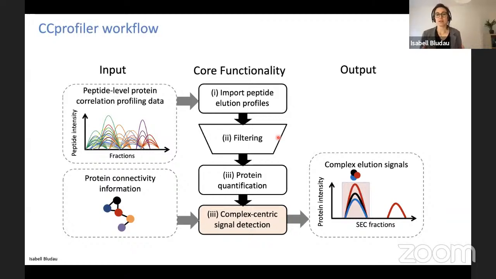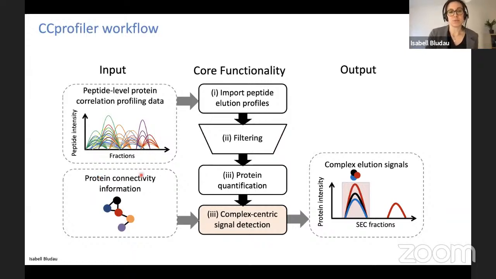So we can kick out all peptides that don't follow these criteria. And then we perform a protein quantification step where we usually sum up the top 3 peptides to get a protein elution profile.